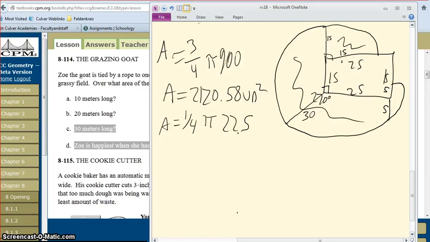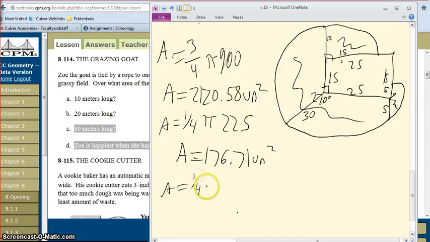And that's going to come out to be 176.71. Alright. We got that, units squared.